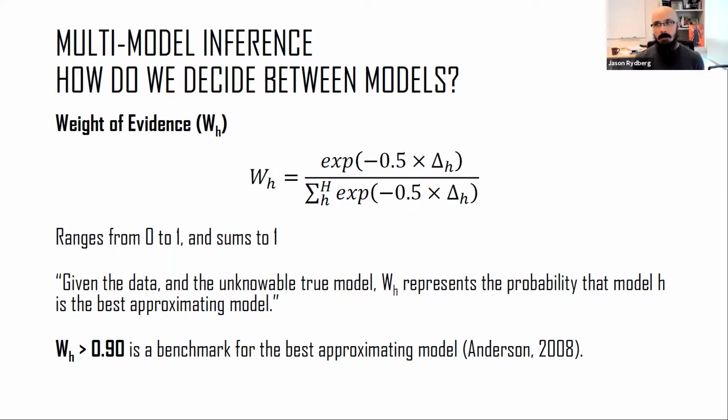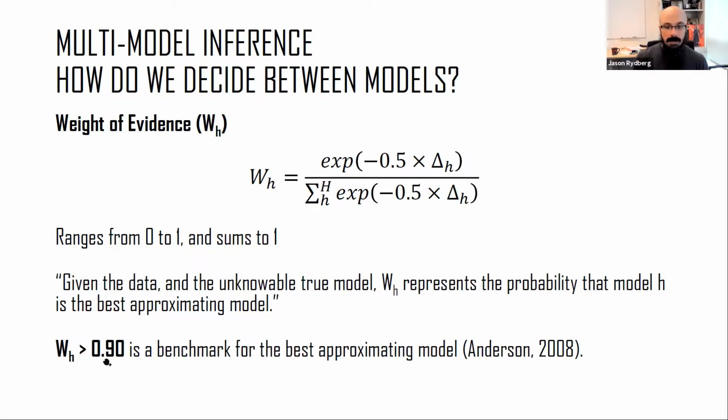And so this will take that sum to 1 value and divvy it up among your different models, and then say, which of these is the best approximation of the true data generating process?